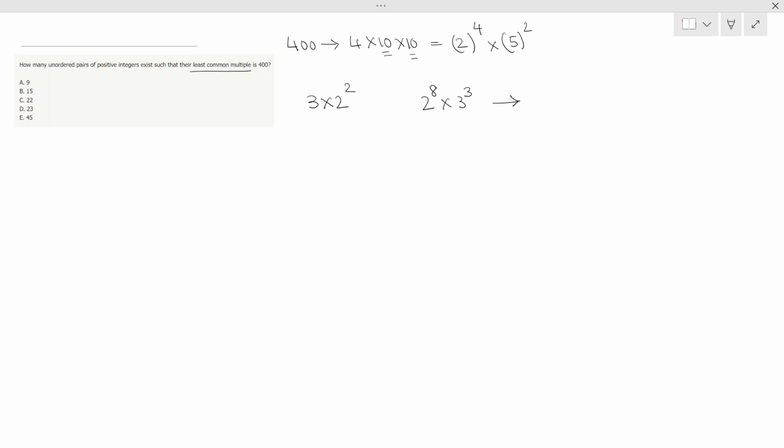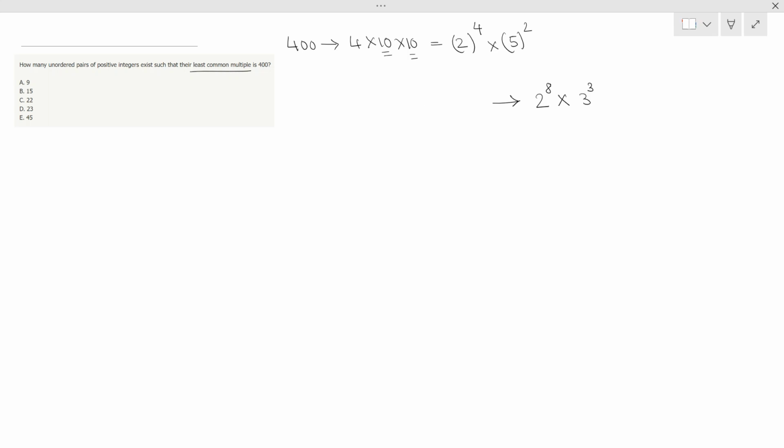In one case 2 has a power of 2, and in the other 2 has a power of 8, so the maximum power is 2 raised to the power of 8. 3 has a power of 1 and a power of 3, so the maximum power is 3 raised to the power of 3. This would be the LCM.